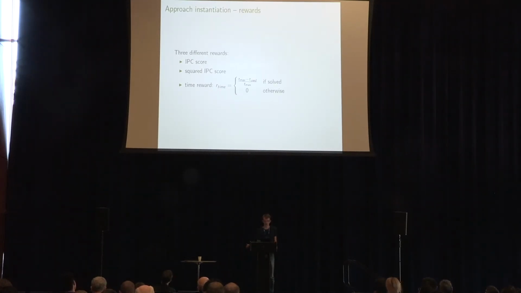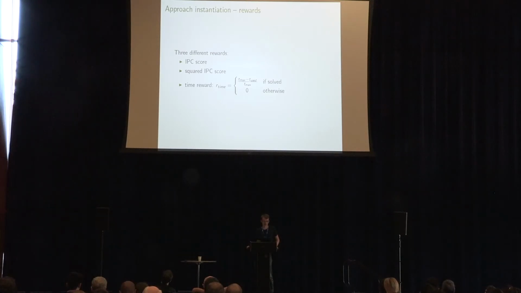And the final component we need is rewards. So we use 3 different ones to see how the policies change when the reward is different. The very first one is the IPC score that we all know and love in this community. So this is the quality of the cost of the best known plan over the cost of the plan returned by the planner under evaluation.